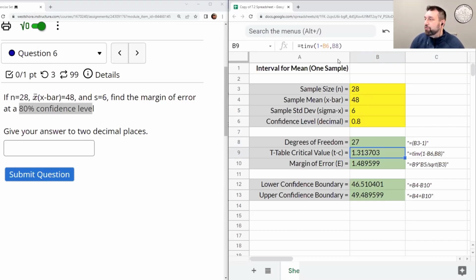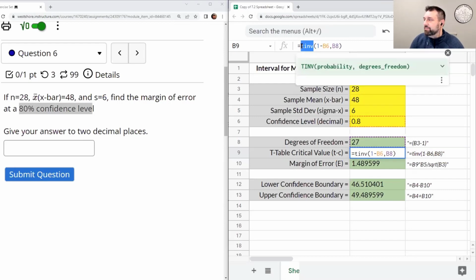And look how it does it. This is the formula, TINV. So it takes the probability. Now, this is the probability under the tails, not in between. So unfortunately, if it's an 80% confidence, we're looking for something called the significance level. And this is just how it's programmed. And you'll see why when we get into module 8.